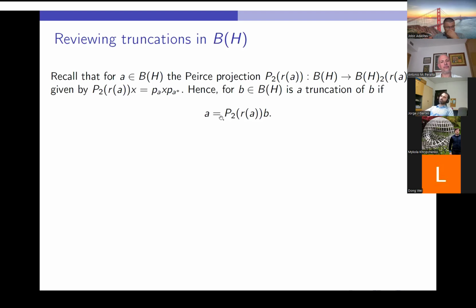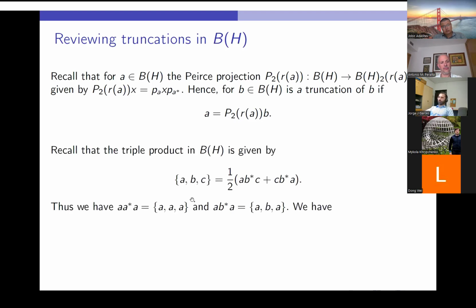So we can say that given an element A, B is a truncation of A if A is equal to this here, right? We take the range projections of the element A, we take the Pierce projection of the range projection of A and apply it to B, and this has to coincide with the element A.